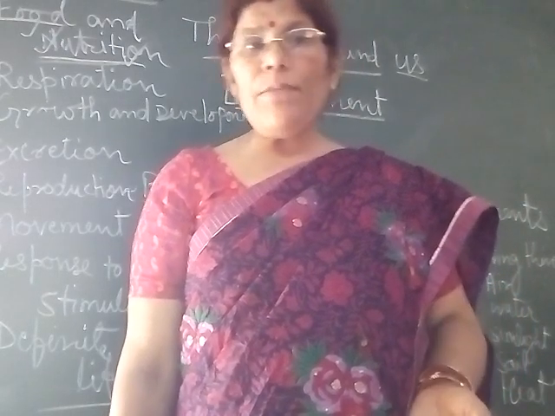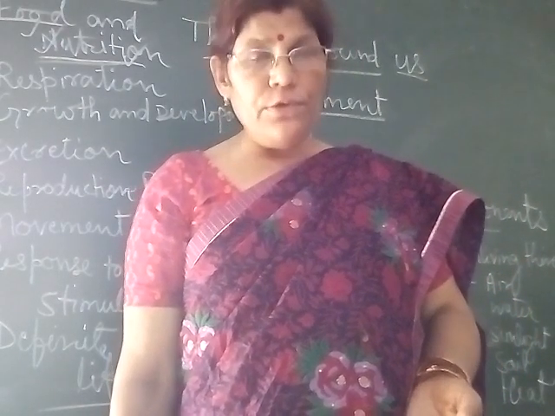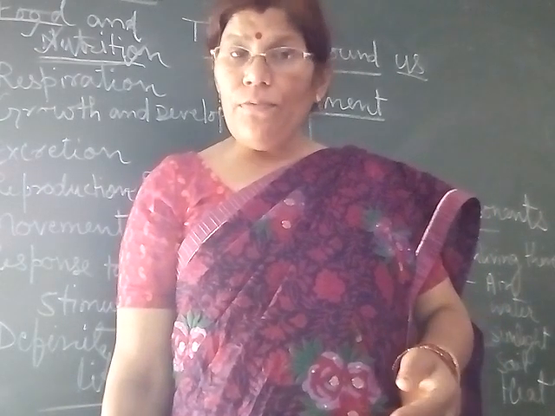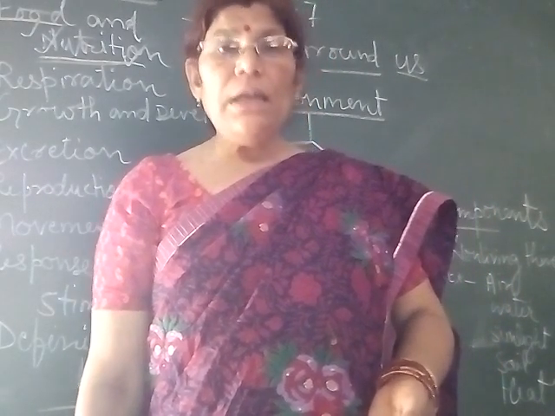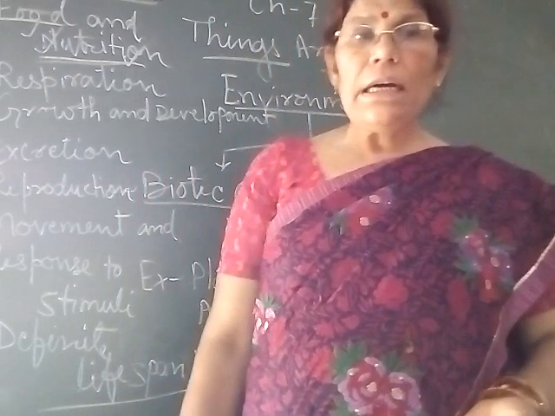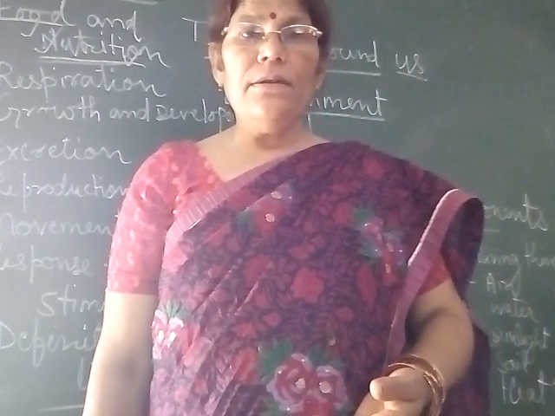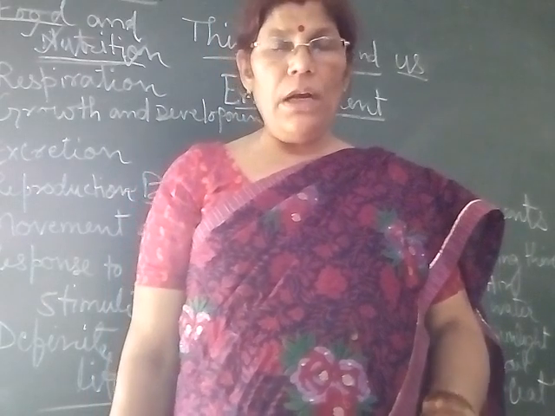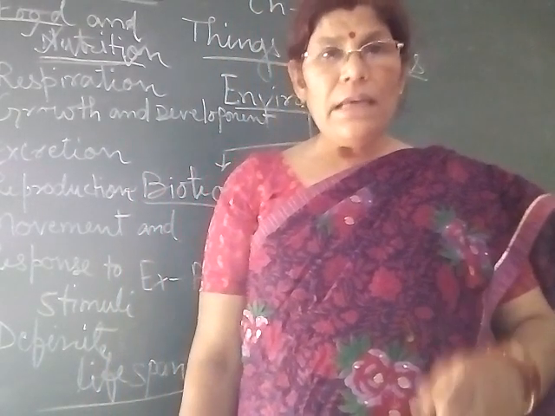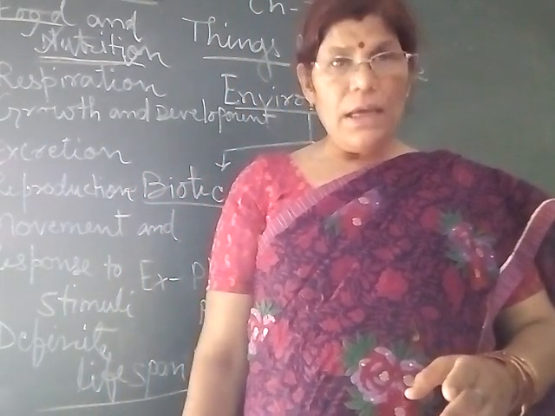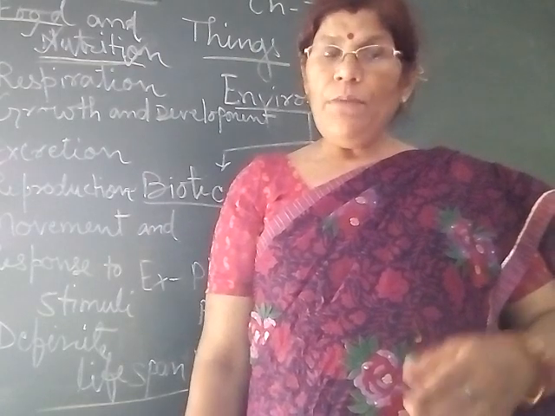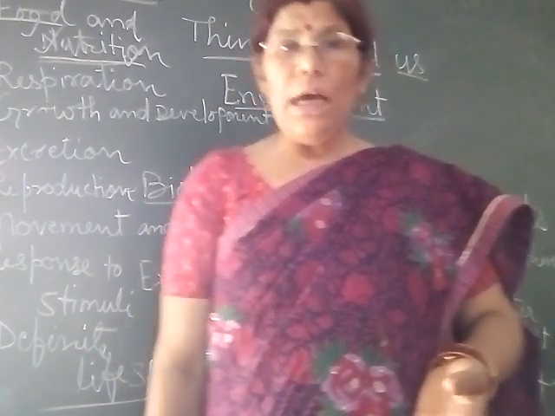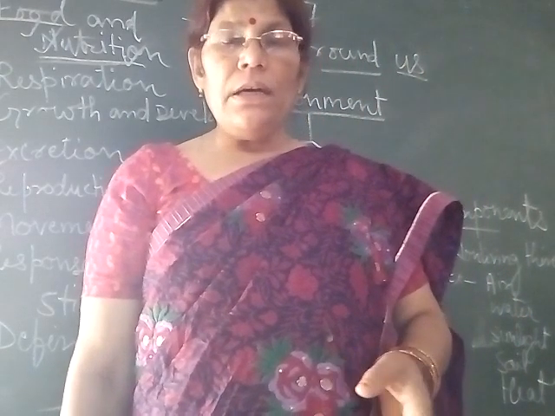They have a green pigment, chlorophyll, present in the leaves, and they take carbon dioxide from the atmosphere and water from the soil, and these two combine together and make food in the presence of sunlight. So plants are known as autotrophs.